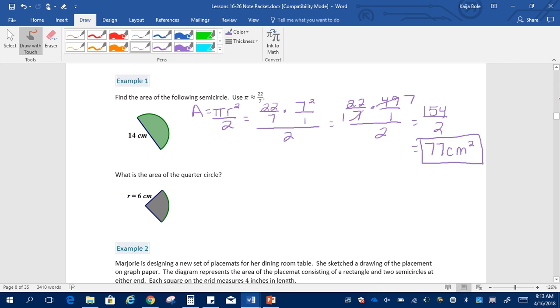There we go. Okay. So now the area of a quarter circle, we're going to use A equals pi r squared divided by 4 this time. Same thing, 22/7 times our r squared, so 6 squared over 1. Now we're dividing by 4. So we have 22/7 times 36 over 1. And we really can't cross divide it by 4 though.